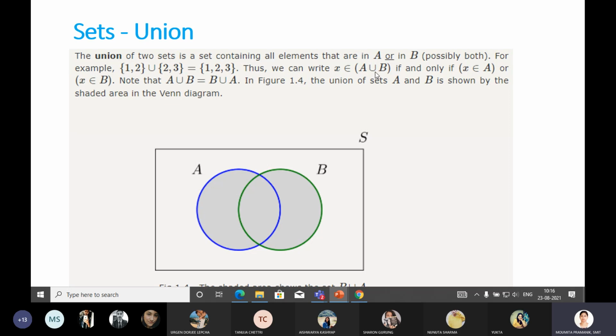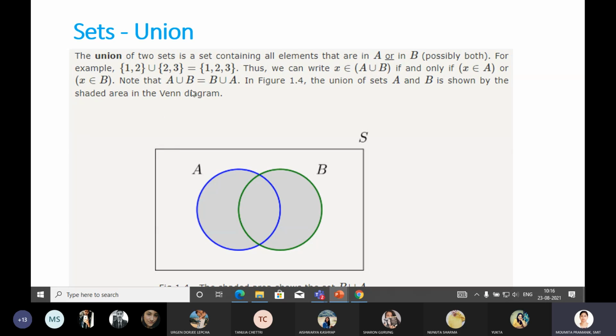How do we write that? x belongs to A union B if and only if x belongs to A or x belongs to set B. Get that? We can say the other way that the union of A and B is equivalent to the union of B and A. In the union operation, if you interchange the names of the sets, it does not matter, but that is not the case for other operations.